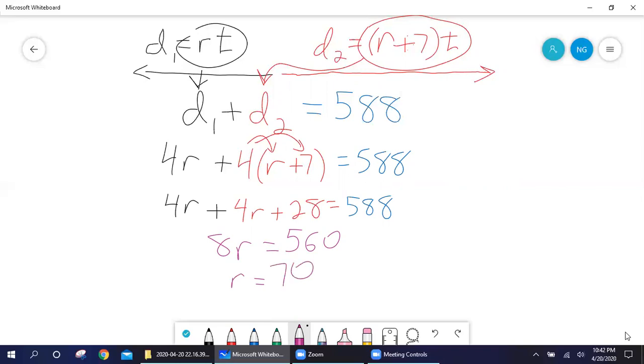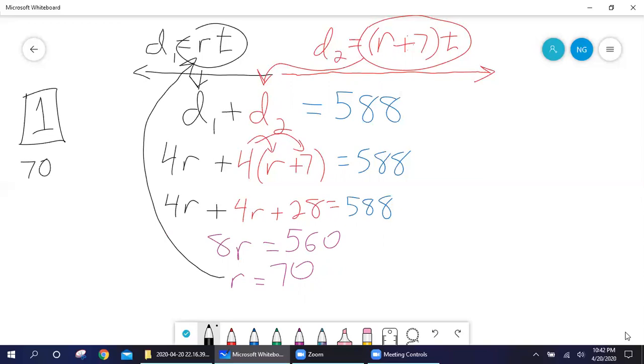Now, make sure to answer the question asked. Find the speed of each truck and the distance each traveled. So for truck 1, his rate is R. So we know he went 70 miles per hour. I know he went 70 miles per hour for 4 hours.